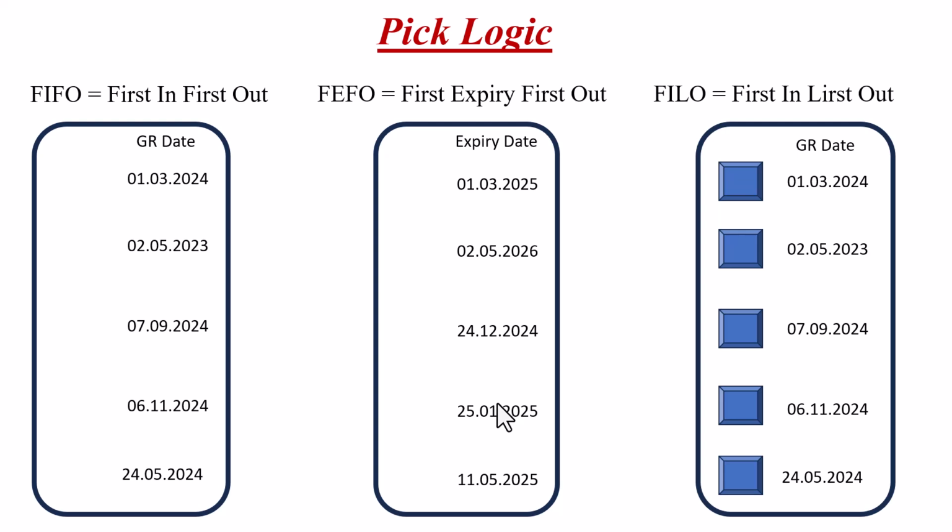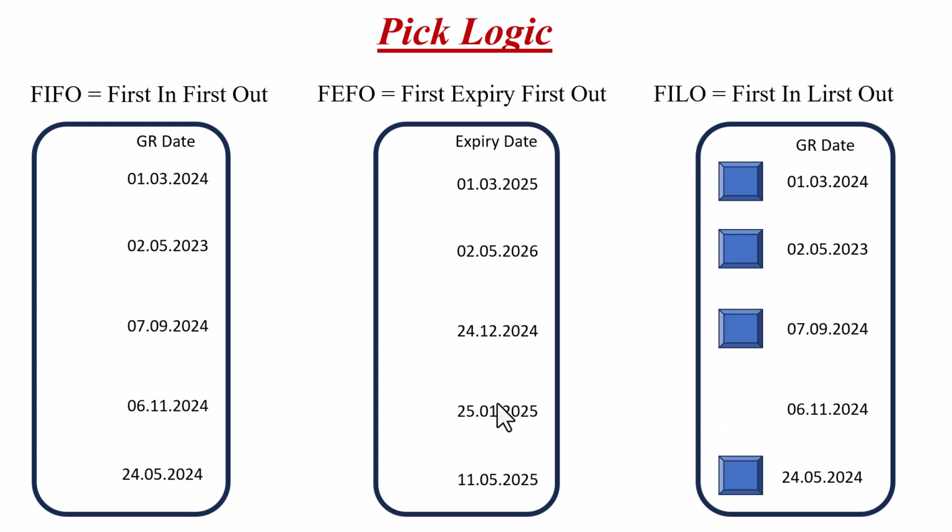So here you can say the last product which we have stored into the warehouse. The last but one we stored in the 11th month of 2024. So this was the last product which we have stored there, so that will be issued first.